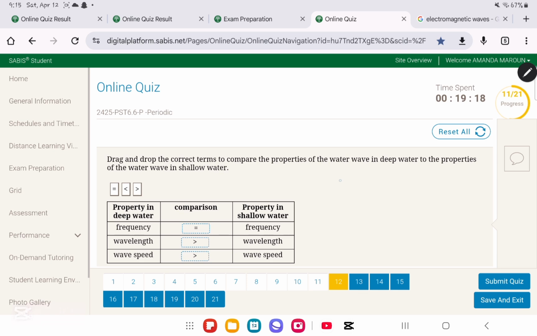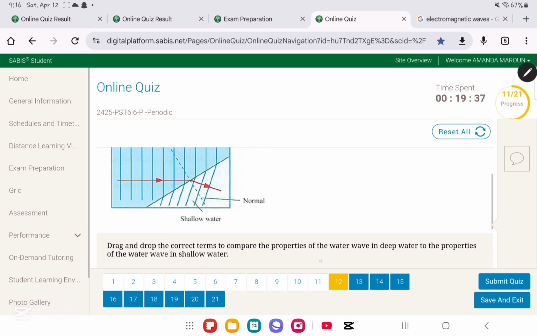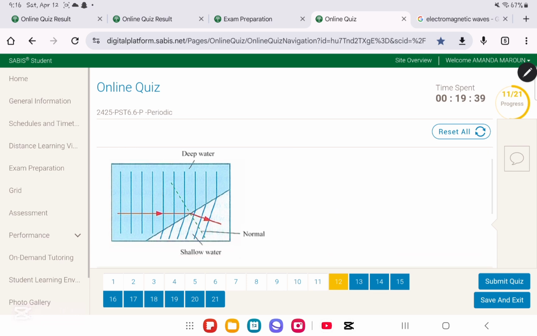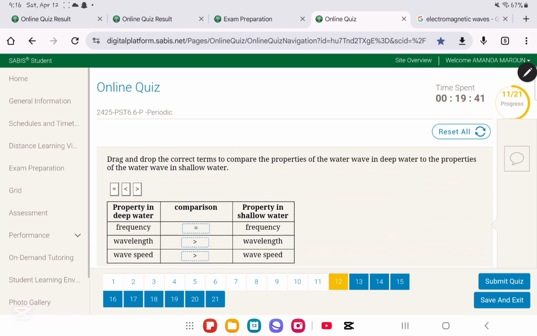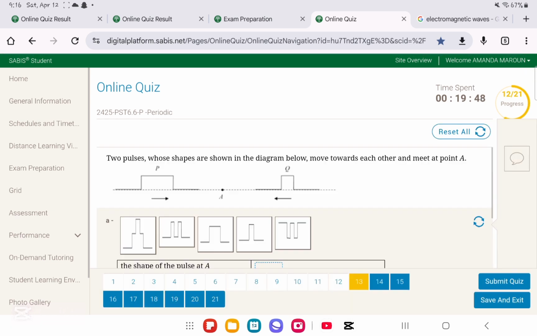So remember, when we are dealing with the properties of refraction, the frequency and the period will stay the same. However, the wavelength, the wave speed and other properties will change depending on whether you are going from the deeper to the shallower. So going from deeper to shallower, the wavelength will decrease and the wave speed will decrease. Okay? We move on to question number 13.